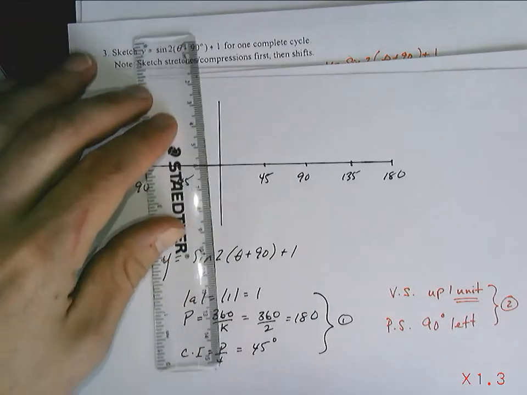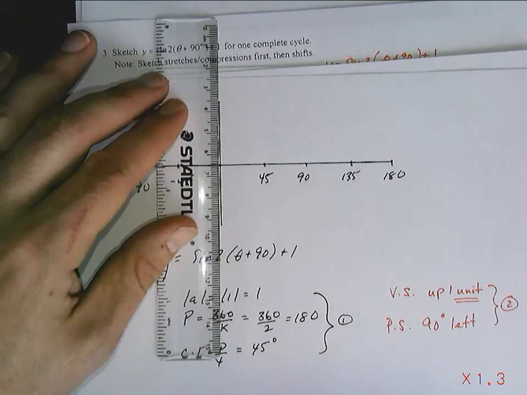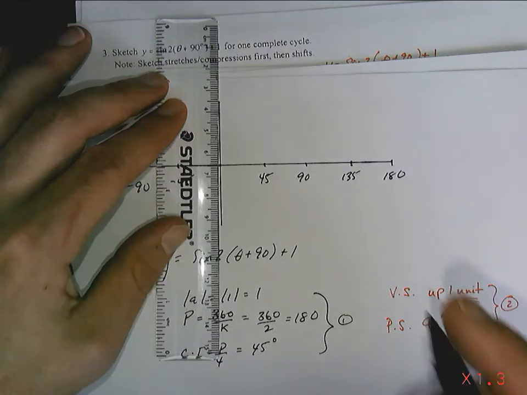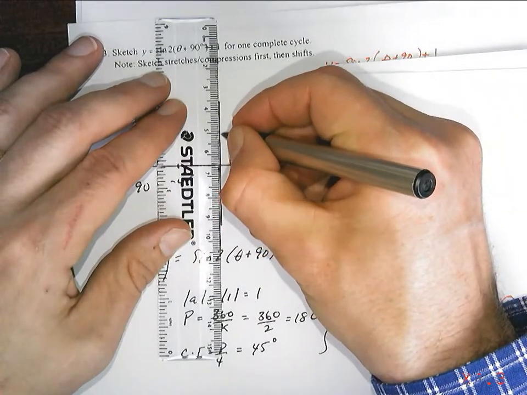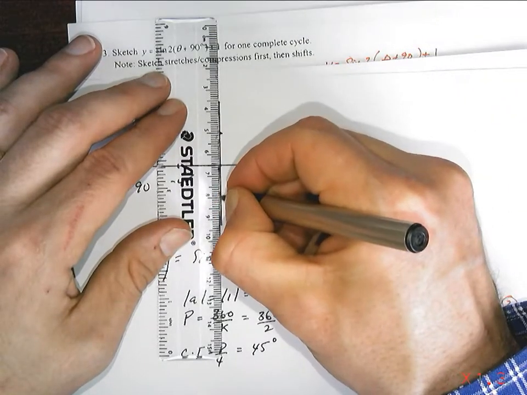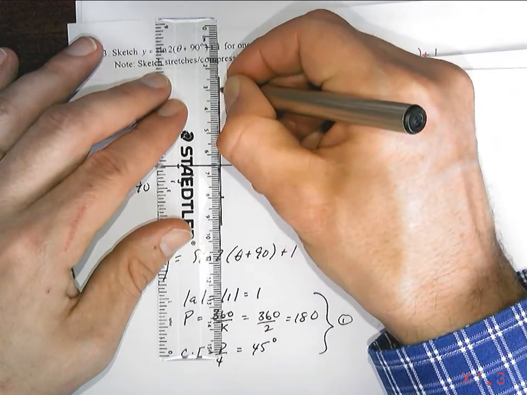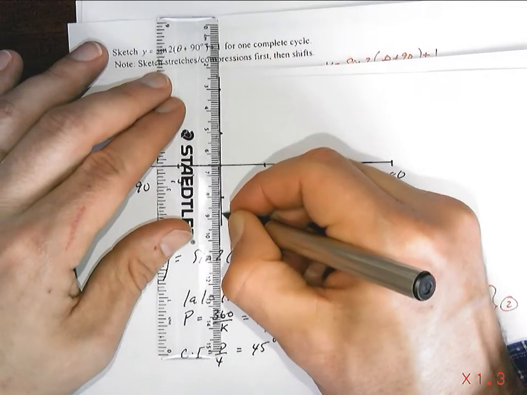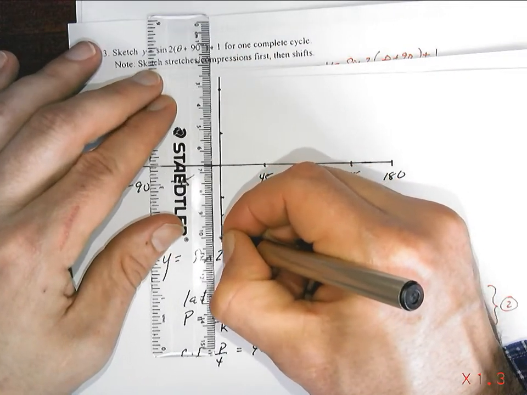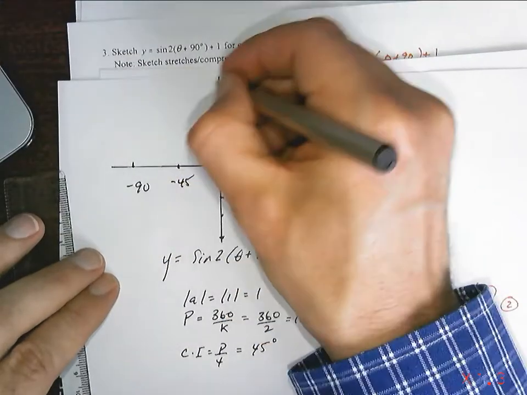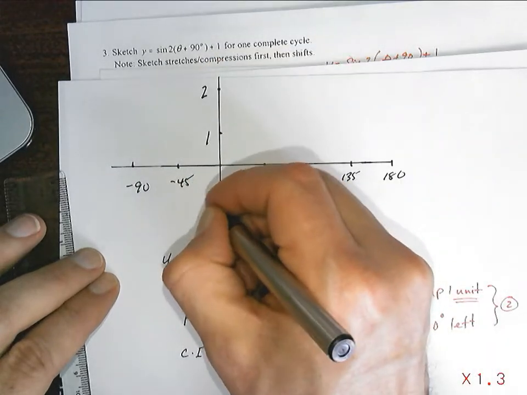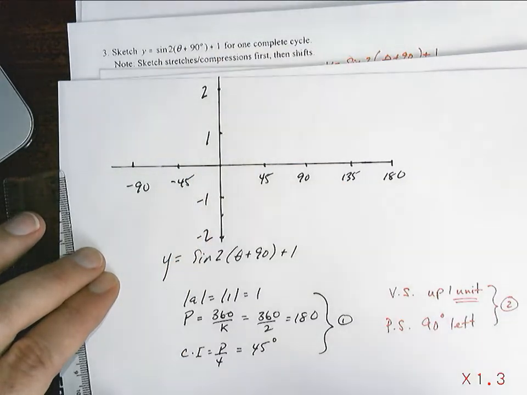My vertical axis, my amplitude goes up to 1. But I'm going to have to be able to count up to 2. I'm going to make that 1, going to make that 2, going to make that negative 1, going to make that negative 2.